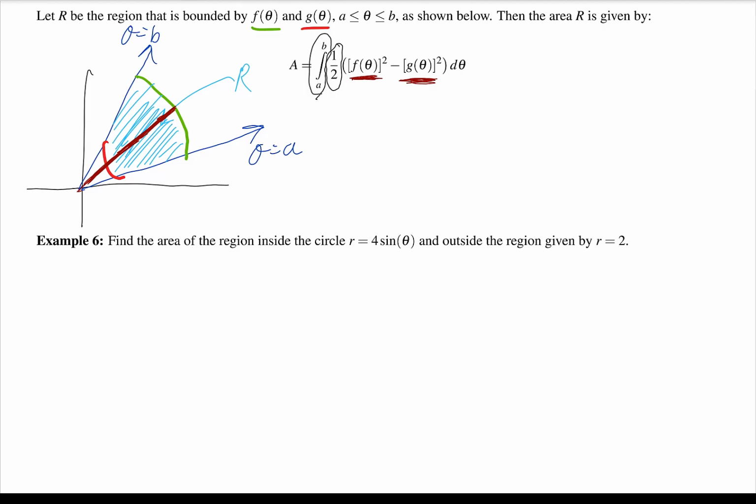So let's practice this on example 6. For example 6, we're trying to find the area of the region inside the circle r equals 4 sine theta, and outside the region given by r equals 2. Let's graph this to get a good idea of what this looks like. 4 sine theta, we'll represent that with green.